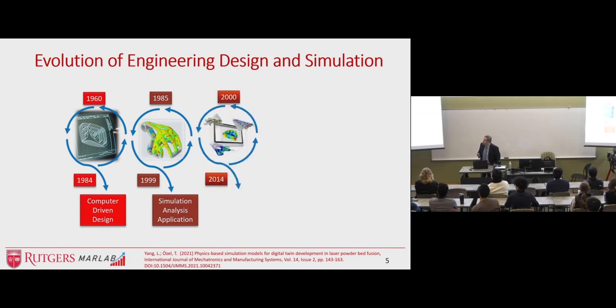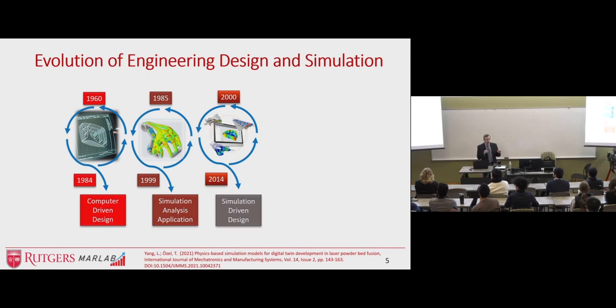Then from 2000 to 2014, these simulations became routine practice, right? So today you teach your students, you give a project, they do structural analysis, thermal analysis, find the temperature distribution, find the stress distribution. They can do it on the fly. So it became simulation-driven design.